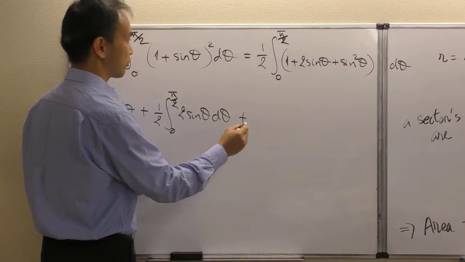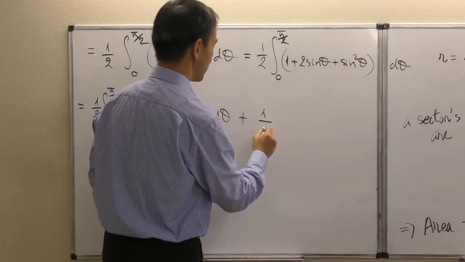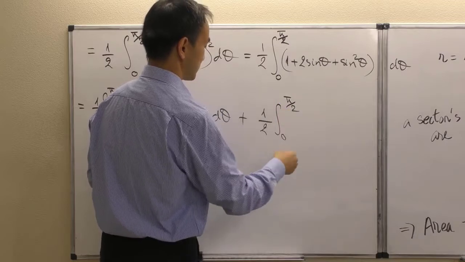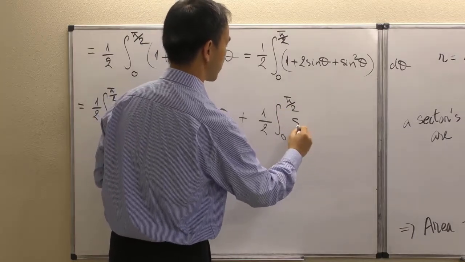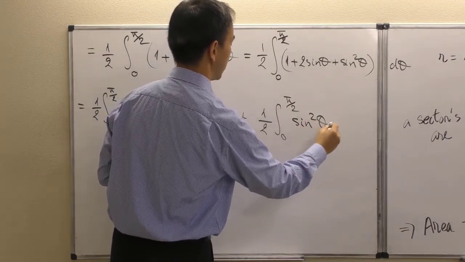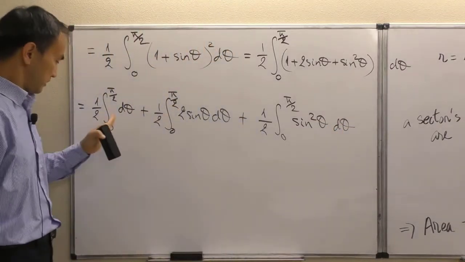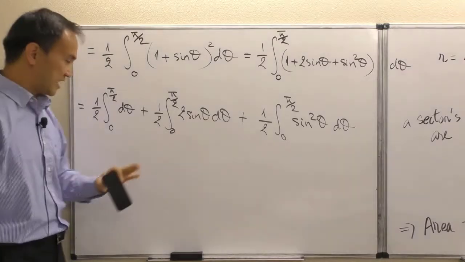And the last integral here is a 1/2 times the integral from 0 to pi over 2 of sine squared of theta d theta.